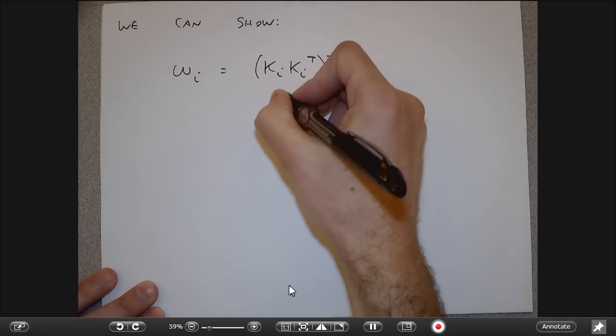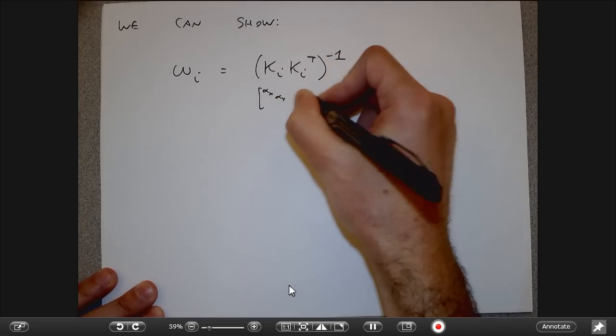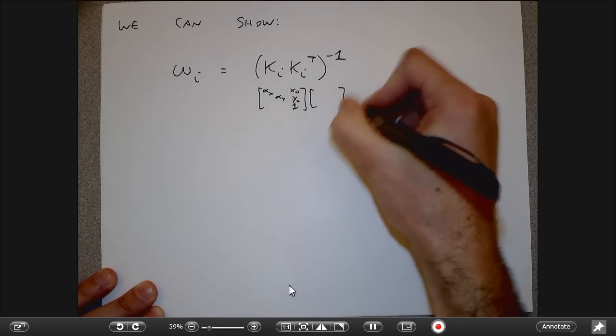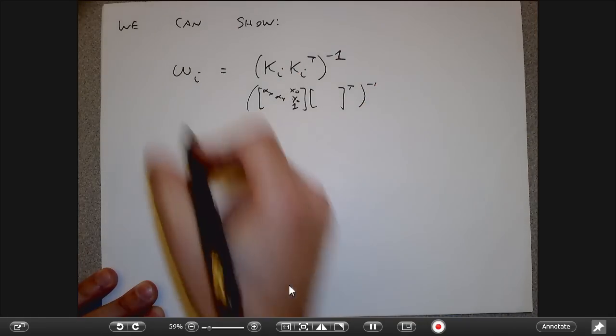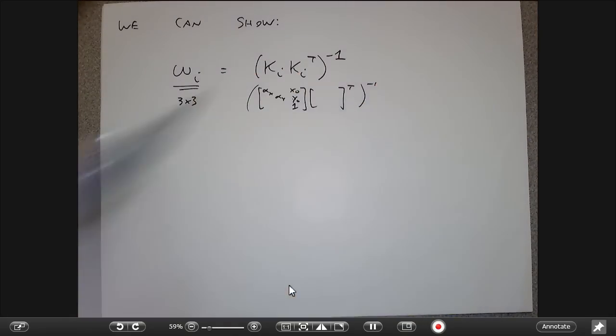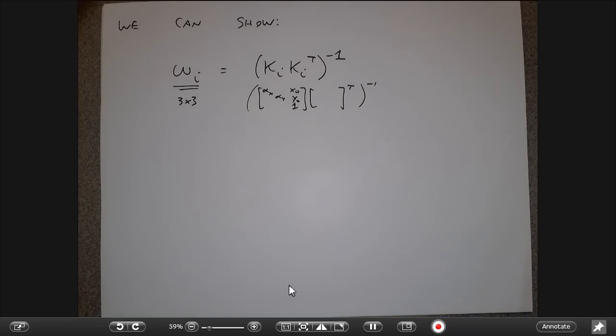This is saying that if I take the camera calibration matrix, multiply it by its self-transpose, and take the inverse of that, I get this special 3x3 matrix. We used the elements of this matrix to put constraints on the plane-based camera calibration.